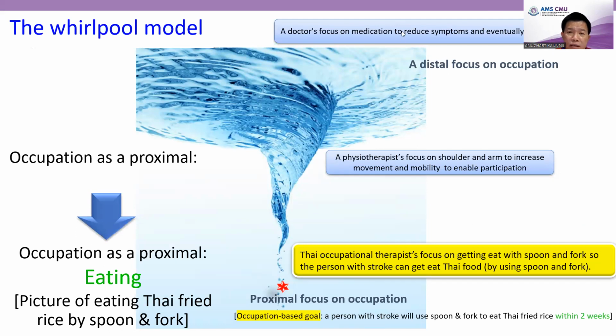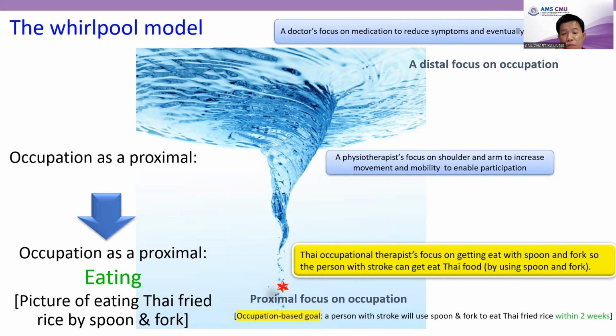What is occupation as proximal? This is one kind of the role of occupational therapy in the British system. They try to make occupation proximal. It looks like a whirlpool model. You can see a spiral from its origin.